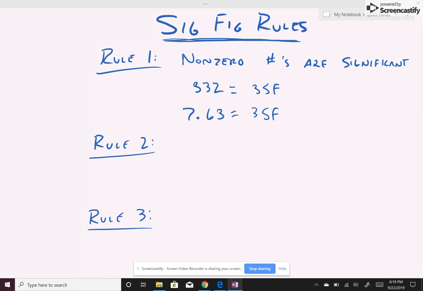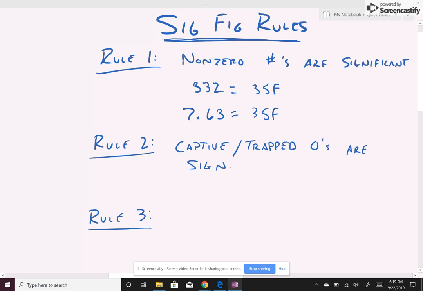Now, rule number 2 says that captive or trapped zeros are significant. When we say captive or trapped zeros, what we're really saying is numbers that sandwich a zero in.